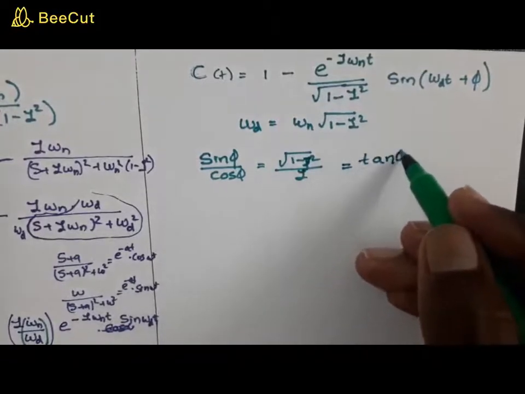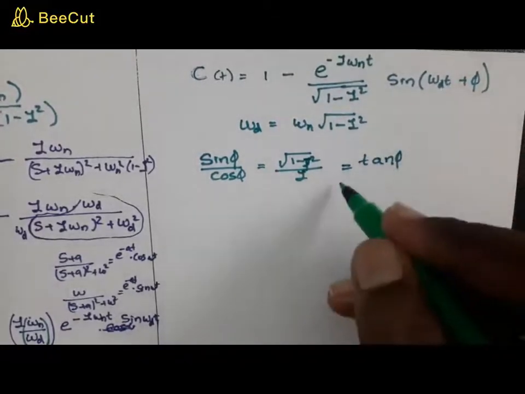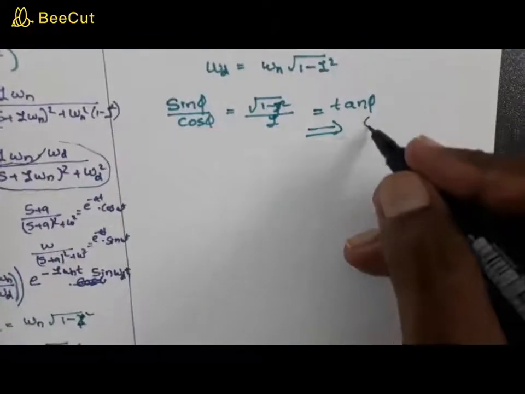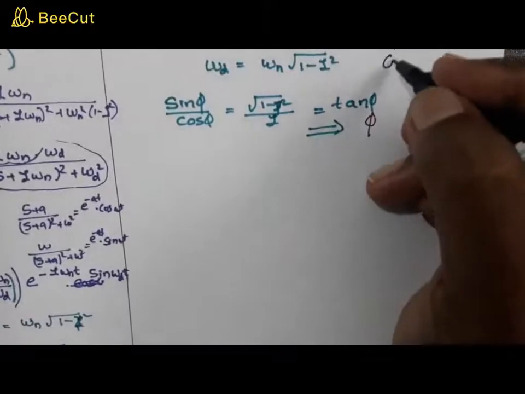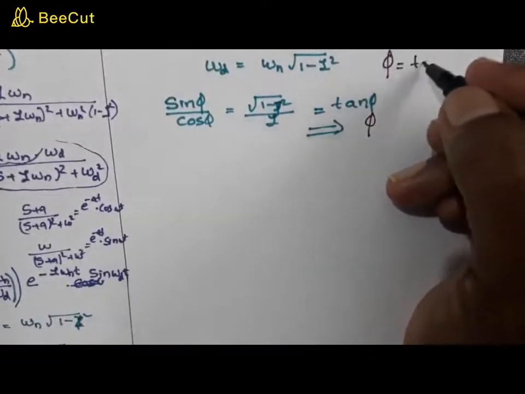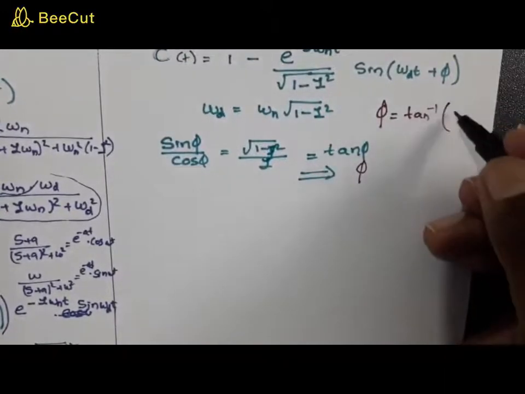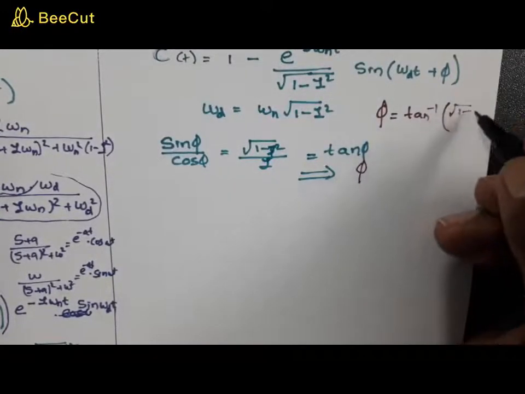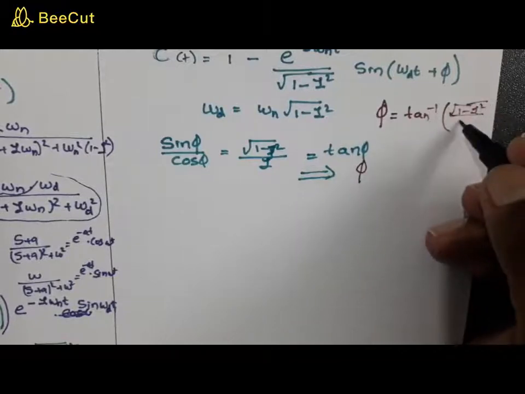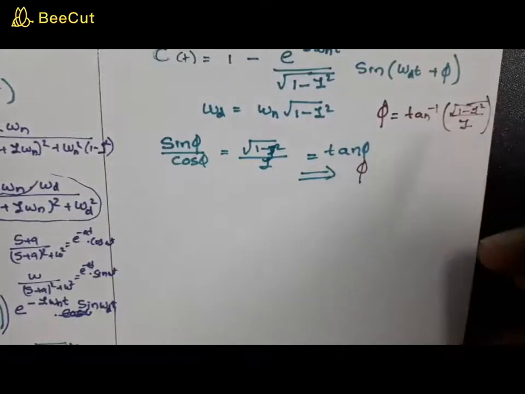So from this you can come to a conclusion that phi is tan inverse of root of 1 minus theta square divided by theta.